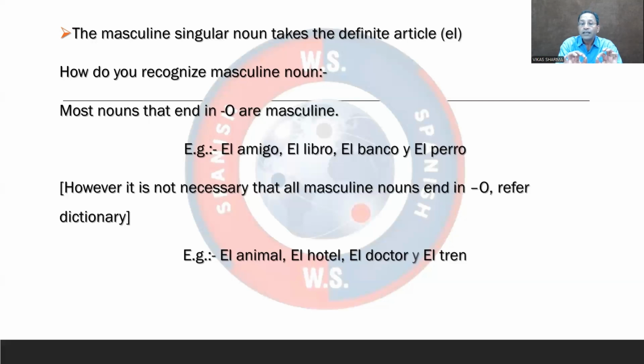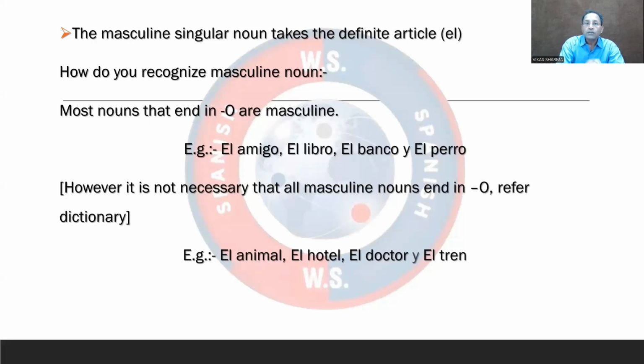However, a word of caution. It is not necessary that all masculine nouns end in O. So please refer to the dictionary. For example, el animal, the animal. Animal is a masculine noun, so you need to write el animal. El hotel.